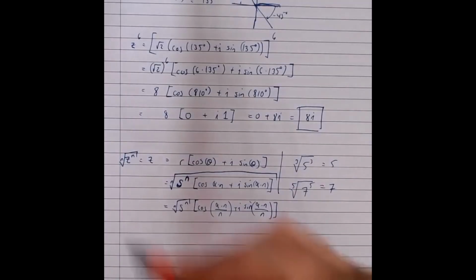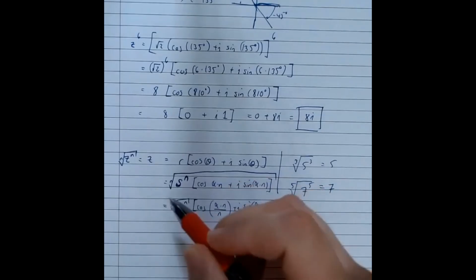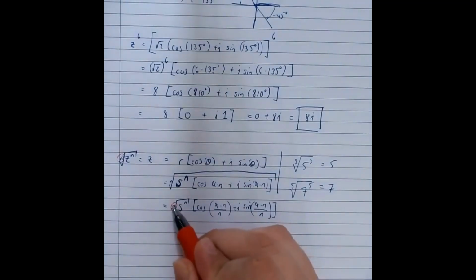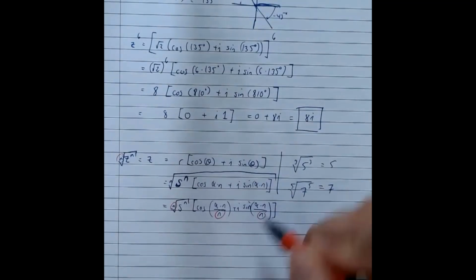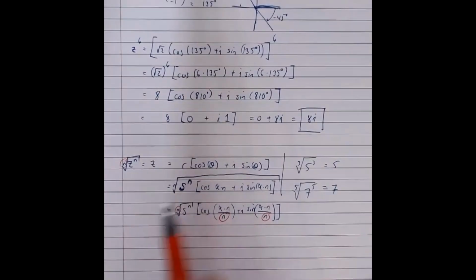But notice that this nth root right here, all it did was contribute an nth root to my modulus, and it divided my argument by n. Those were already there before I took the nth root.